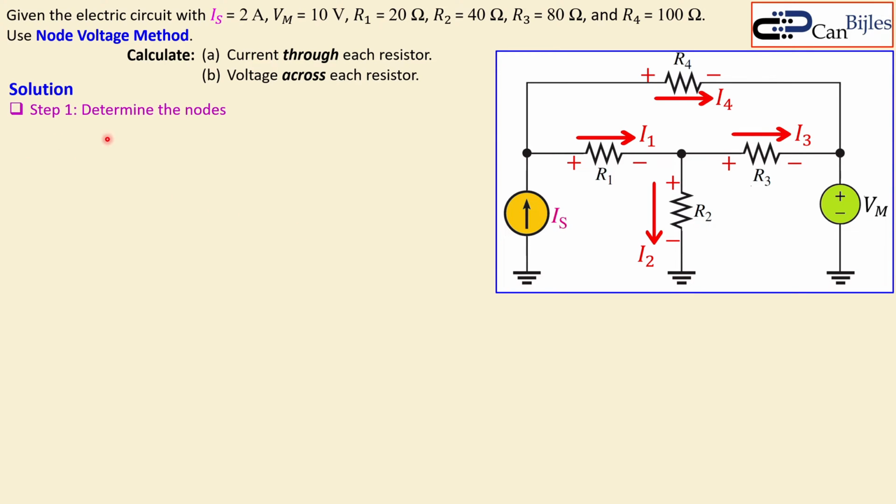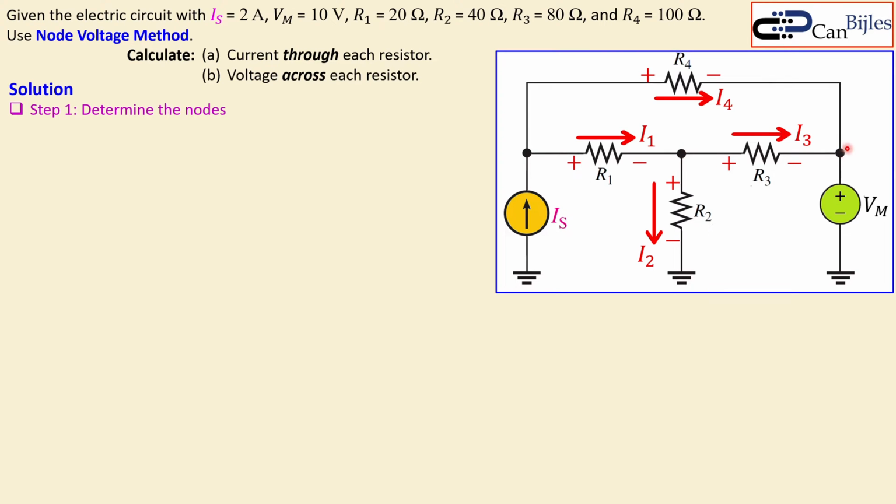Okay, now let's look at our solutions. For step 1 we determine the nodes in our circuit. So how many nodes do we have? We have the reference node, and that is always 0, so that is not new information. We have this node, that is definitely new information, we don't know the voltage there. We also have this node. We also don't know the voltage there, so we have 2 nodes actually to denote here in the circuit.